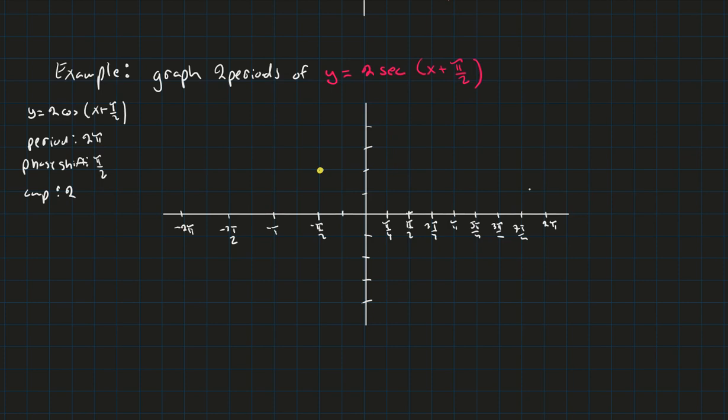This is going to go right over here. It's going to go down to right over here, 3 pi over 2. Then it's going to come to pi. Something seems a little bit off.